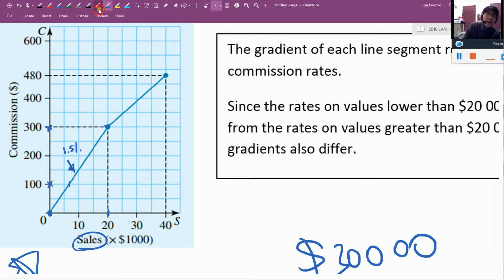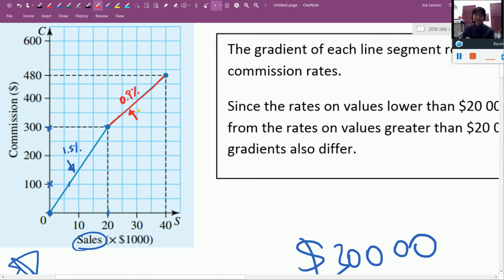When you get beyond $20,000, the slope changes, and you see this 0.9% commission. Compared with the blue one I mentioned before, this particular red one has a smaller slope, it's more flat.